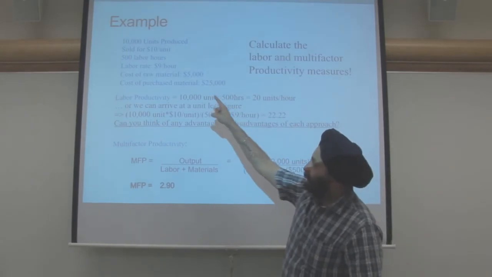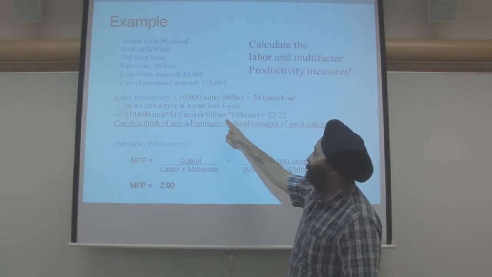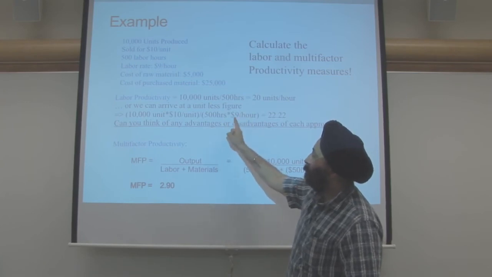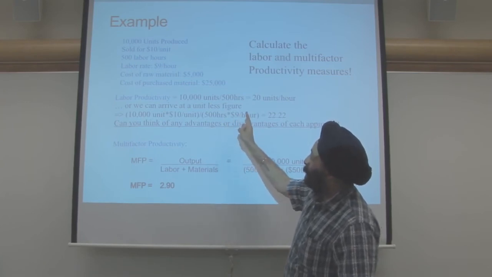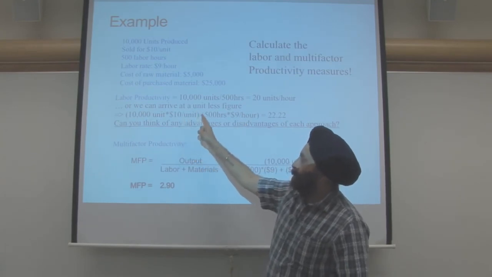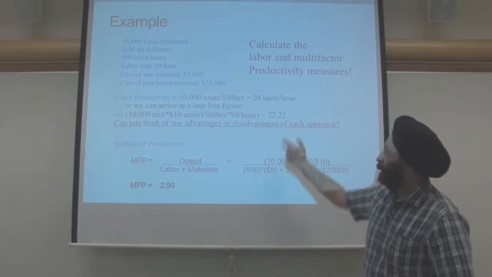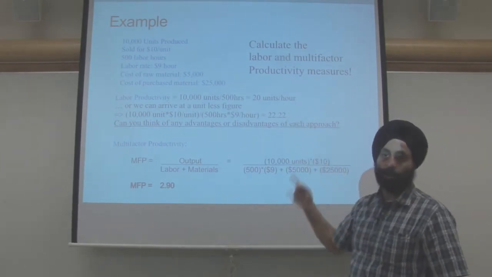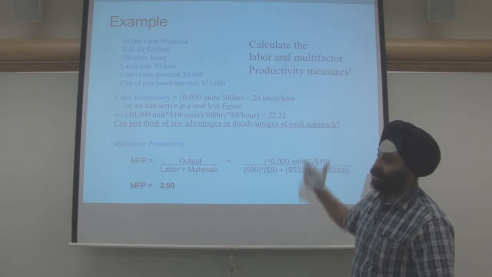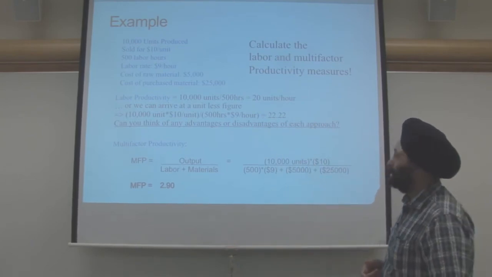The labor rate is $9 an hour, so that's 500 times $9 an hour, which gives you $4,500. So $100,000 of output divided by $4,500 of labor gives you 22.22. It's a unitless number because dollars divided by dollars leaves us with a unitless number.